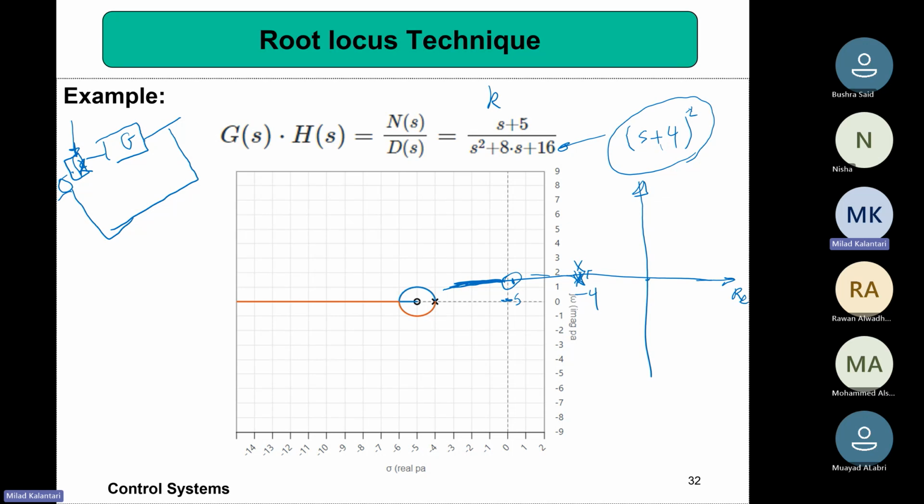So the poles of the system are basically the open loop, and the open loop is just the G or GH, once we have the H here, right? It remains at this location, right? -4 when the K is 0, right?